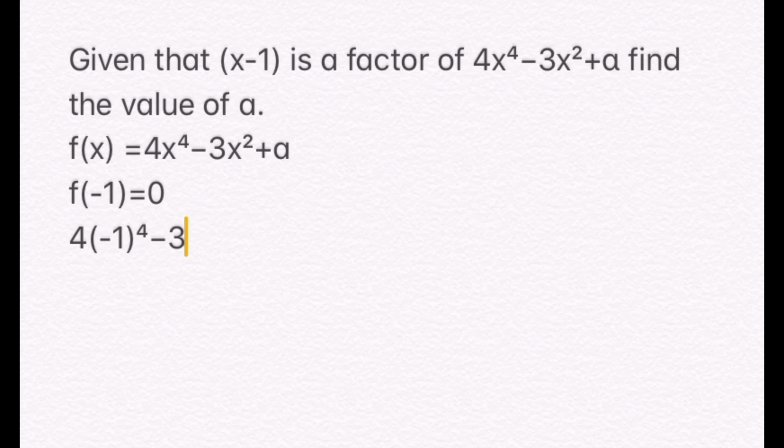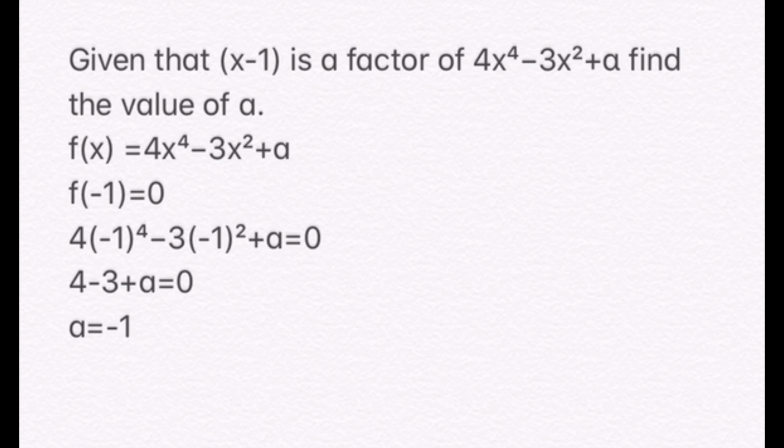Then, by using the statement from the factor theorem that we looked at first, which is that if x minus p is a factor of f of x, then f of p equals 0. So p equals negative 1 in this case. And we'll let it equal 0, and so we get 4 minus 3 plus a equals 0, and so a equals negative 1.